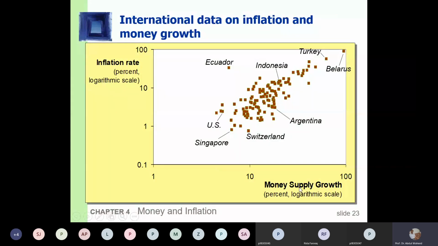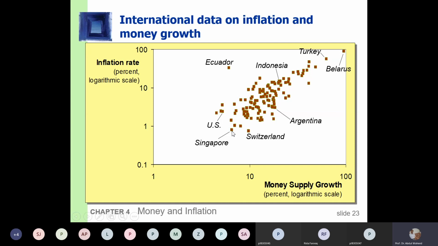So here we have money supply growth, and here we have inflation rate. You can see that the countries with a higher money supply growth rate, like Turkey, have a high inflation rate as well. Indonesia also, you can see that money supply growth rate is high and inflation rate is high.